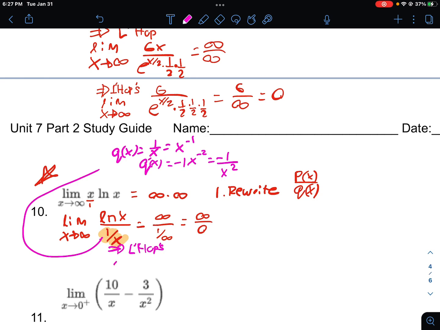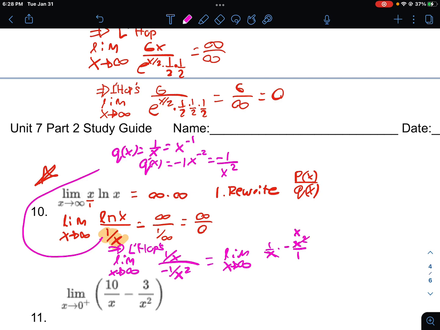And we're going to end up getting the limit as x approaches infinity of 1 over x divided by negative 1 over x squared. Now, for me, I'm going to go through and rewrite this just because I don't want to deal with it. I'm going to have 1 over x times negative 1, or negative x squared over 1. When I do this, one of my x's is going to cancel.